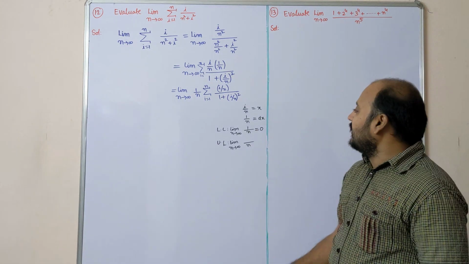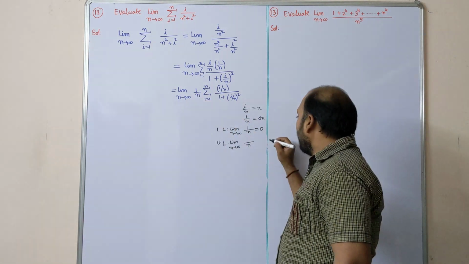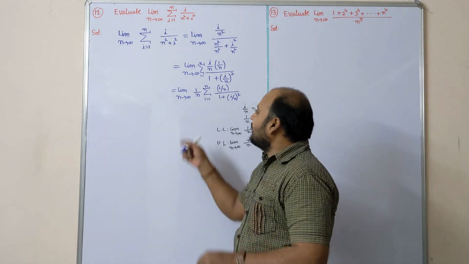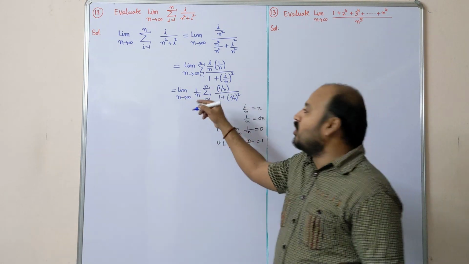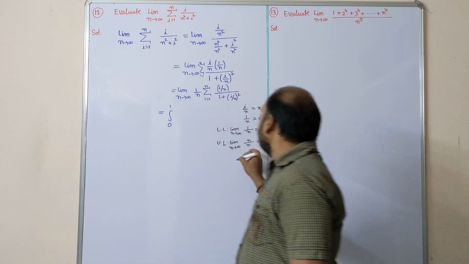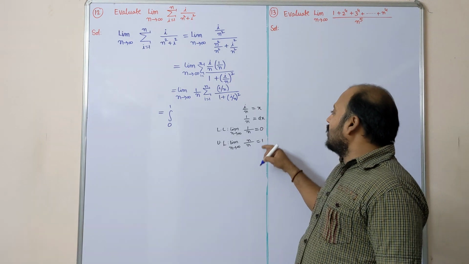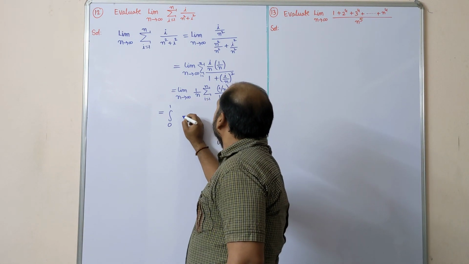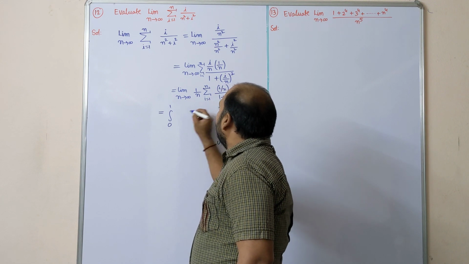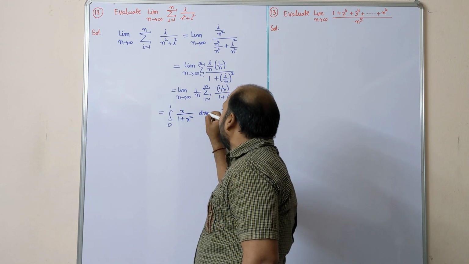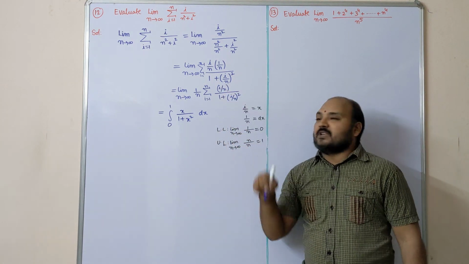Total value is n. Final value of I is n. So in place of limit n tends to infinity, sigma I equal to 1 to n, we have to replace with integral 0 to 1, lower limit to upper limit. 1 by n value goes to be dx. So I by n value, x divided by 1 plus x square into dx. Wherever I by n is there, replace with x.